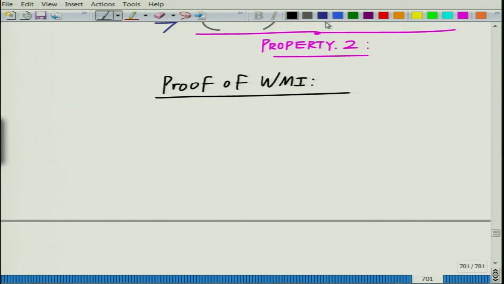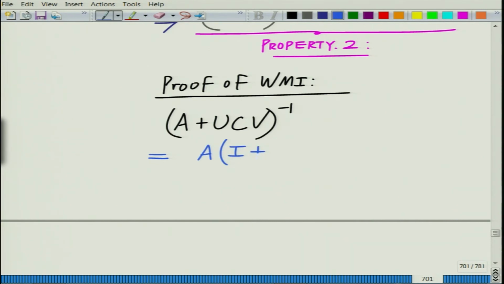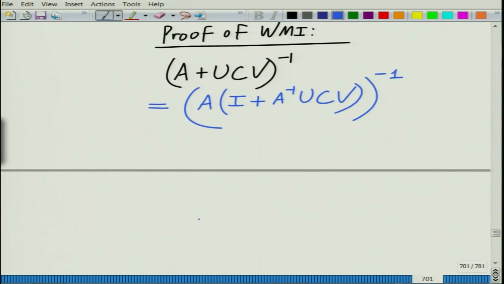Now, proof of WMI. We start with (A + UCV) inverse. This will be equal to, let us take A out, so I can write this as A times (I + A inverse UCV) inverse. Now, take the inverse inside.